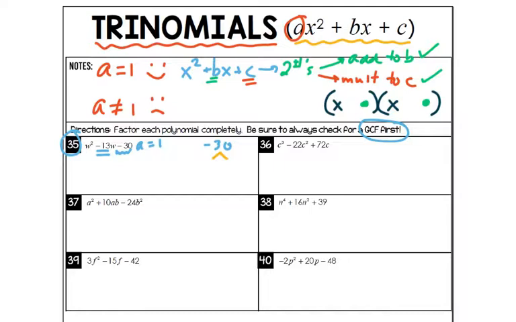I almost thought of a 10 and a 3 or something, because 10 and 3 would multiply to give me 30, and maybe if one of them was negative. That doesn't work either.